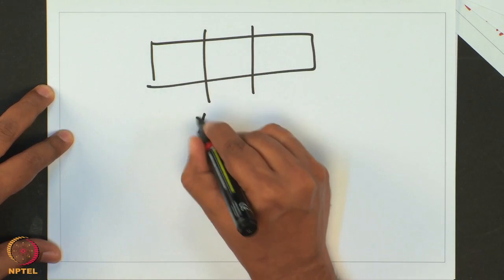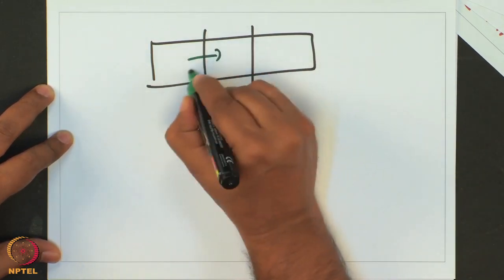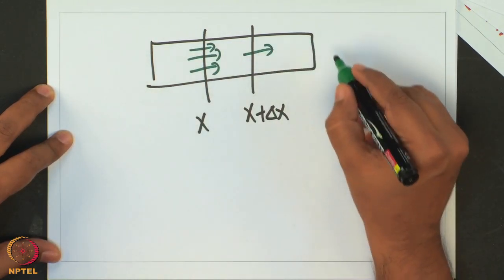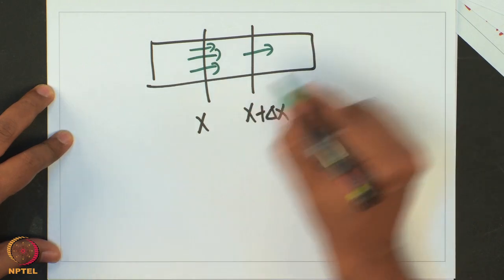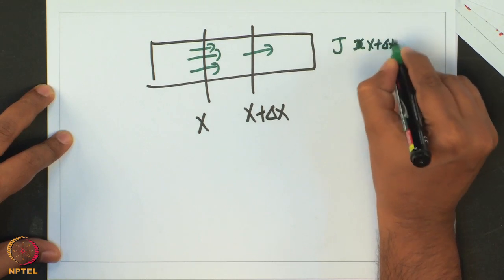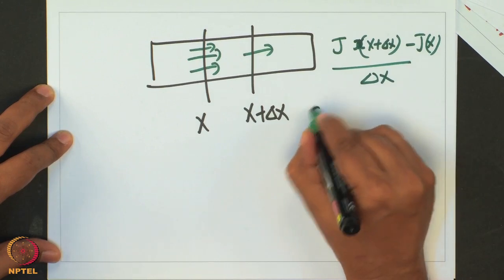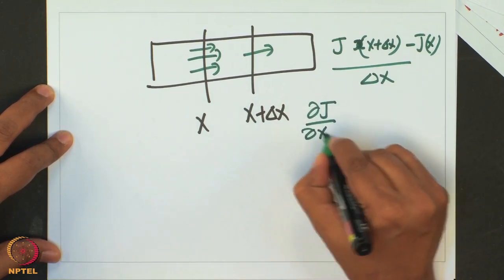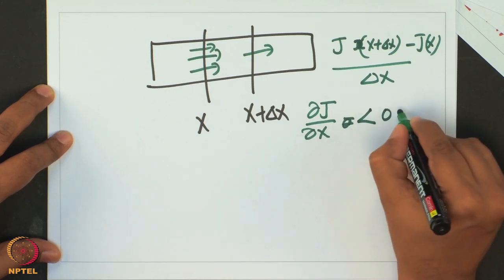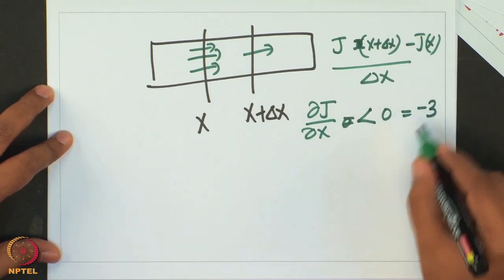We have 2 points x and x plus delta x, and flow in is higher than flow out. If that is the case, we have J at x plus delta x minus J at x divided by delta x. This is our del J by del x, and this is going to be a negative number. This is going to be less than 0. So this is, let us say, minus some number, minus 3. This is going to be some negative number.